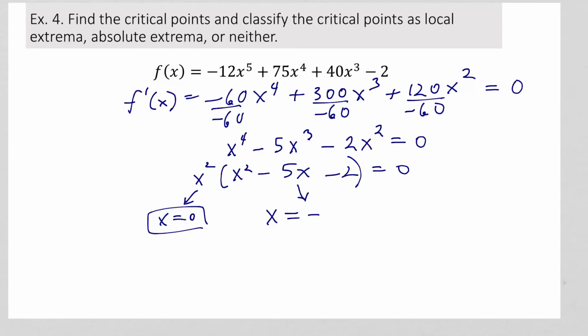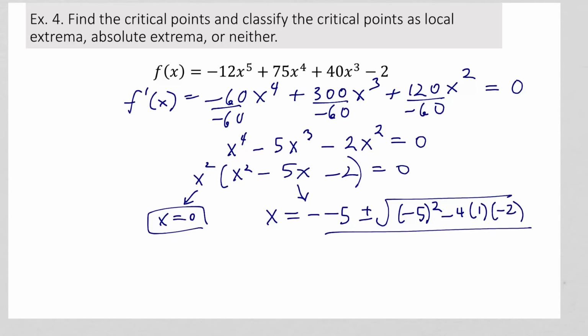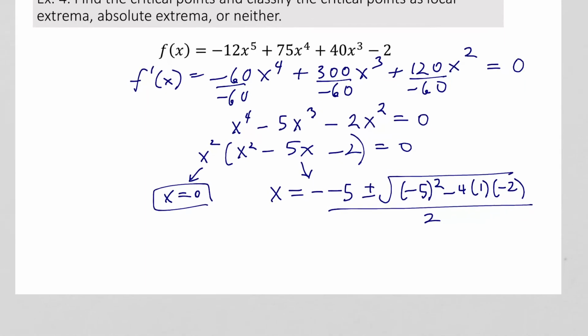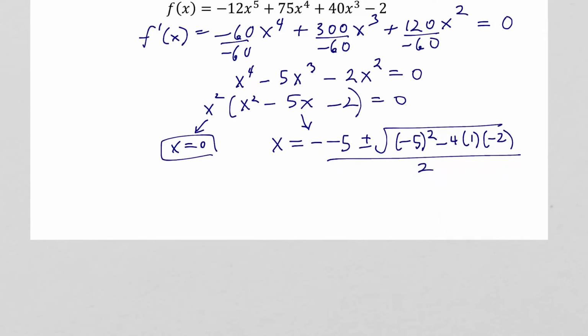I have negative b, which is 5, plus or minus the square root of negative 5 squared minus 4ac, divided by 2a. So I'll have 5 plus or minus the square root of 25 plus 8, that's 33, divided by 2.